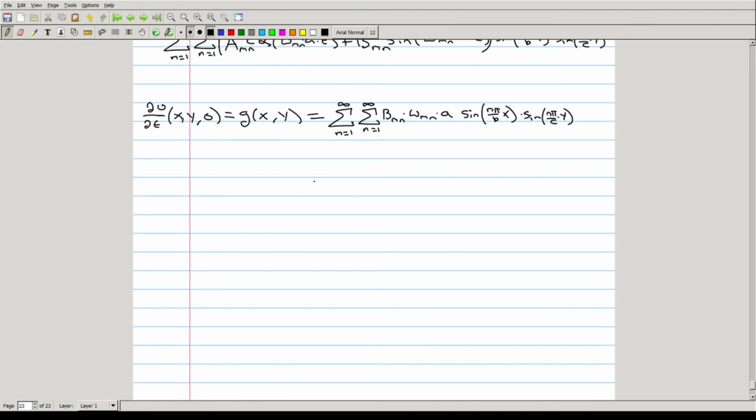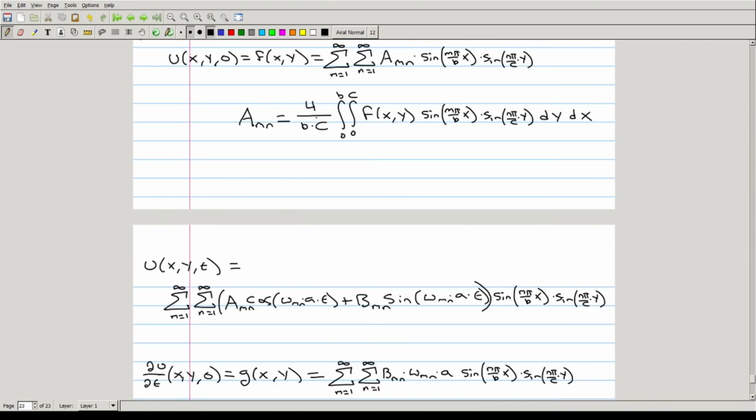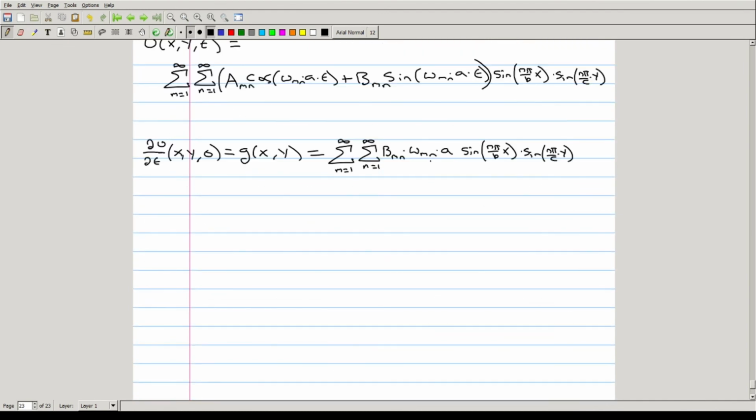Which, after using our orthogonality relations, just like we did to get this formula for the A_mn's on this sum right here, we end up getting the formula for b_mn is very similar.